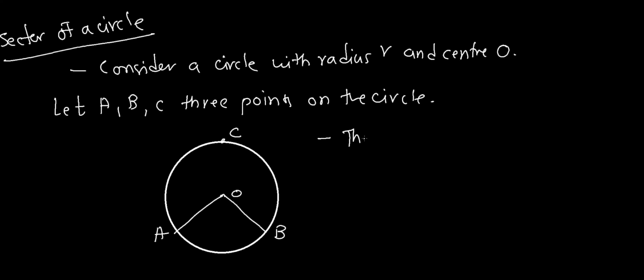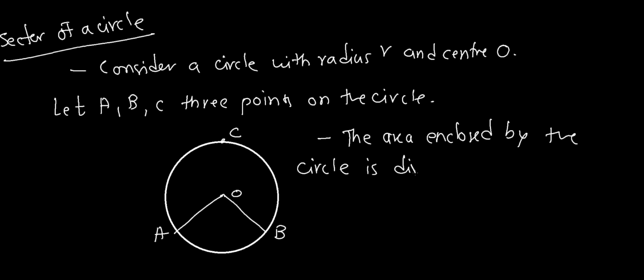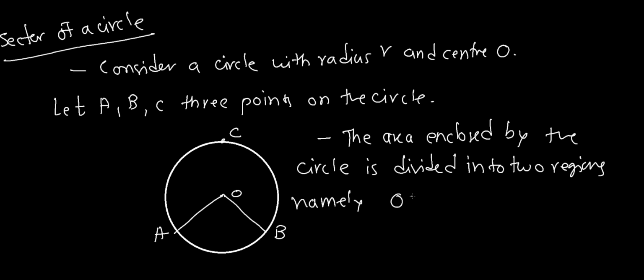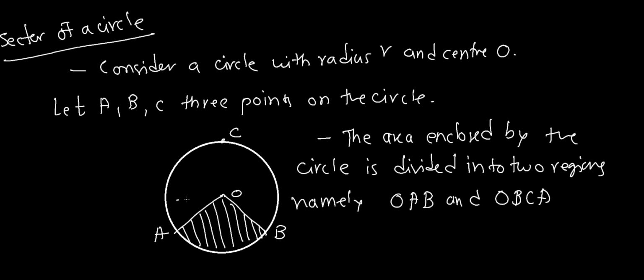So the area enclosed by the circle is divided into two regions, namely OAB, here OAB, and OBCA, this one.